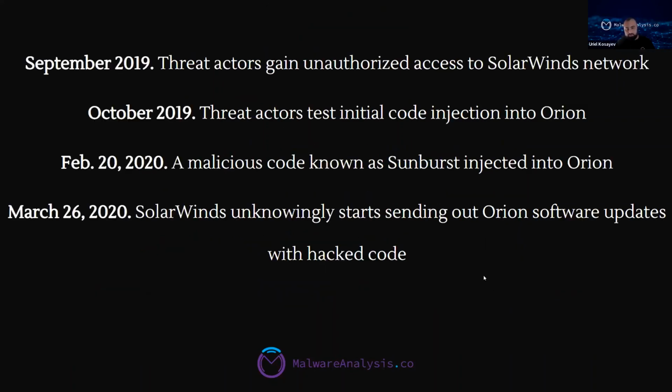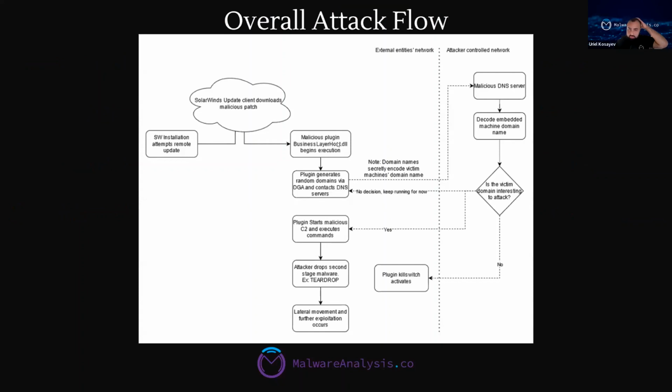Okay, so we'll go through the facts. The code executed under the business layer host DLL, which is deployed on the SolarWinds Orion server on the client side, after the code was injected into the GitHub repository from where it was compiled and downloaded as an update for the infected clients.